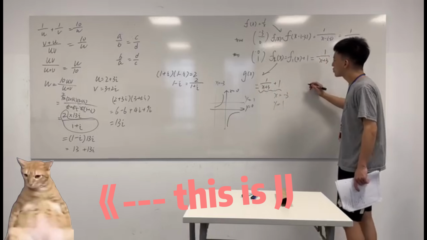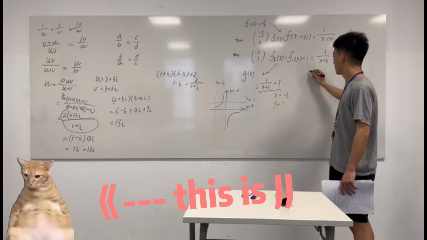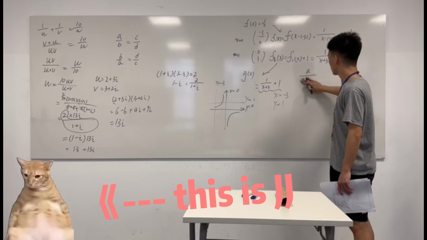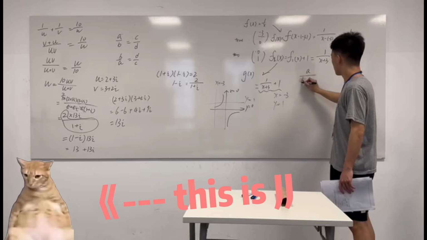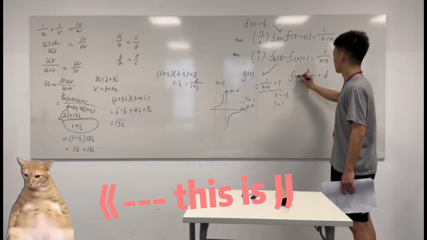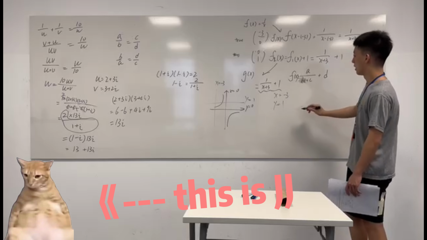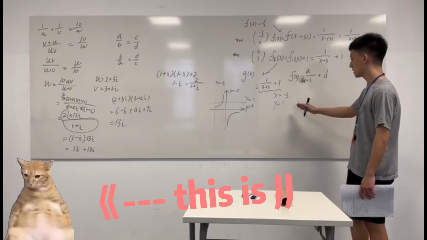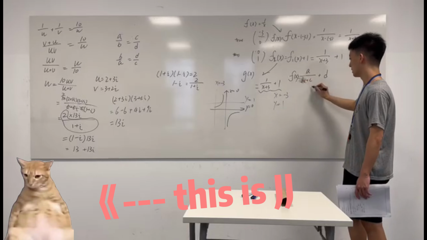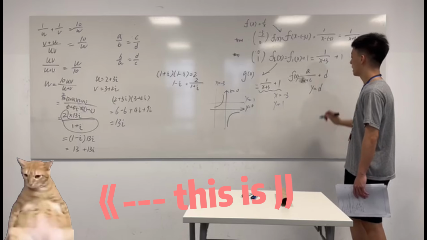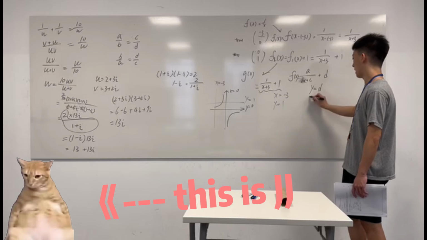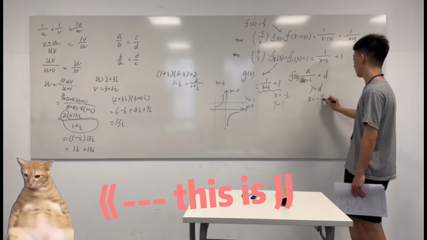So if you see a function like a over bx plus c plus d, if f(x) is equal to this, then the horizontal asymptote will always be y equal to d, and the vertical asymptote is always x equal to negative c over b.